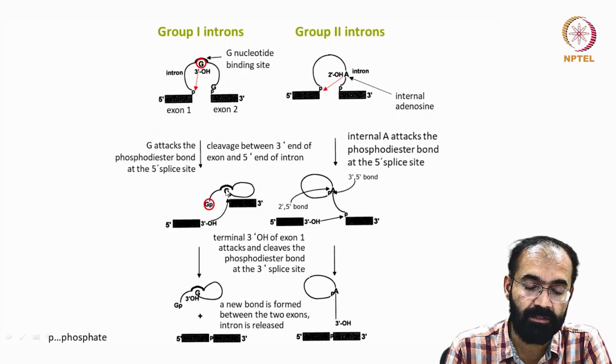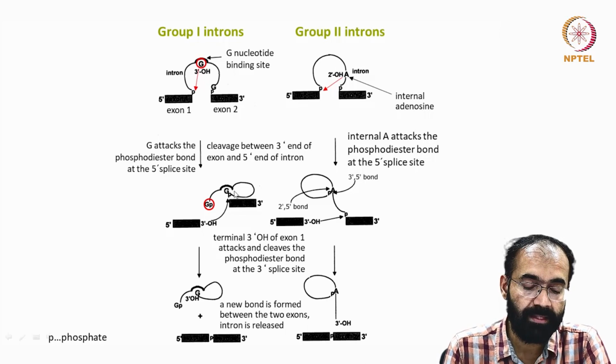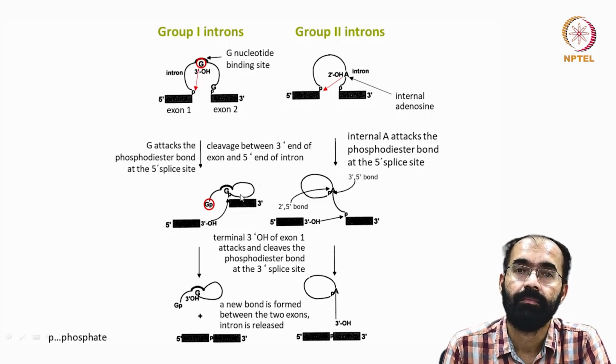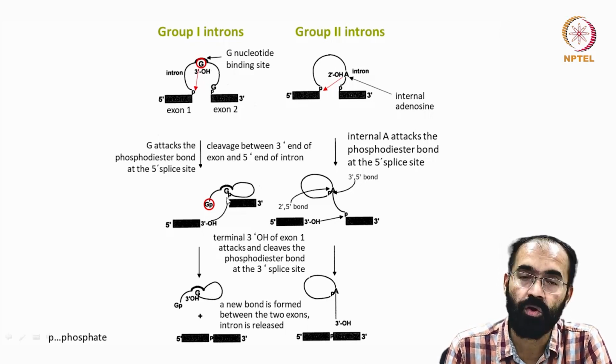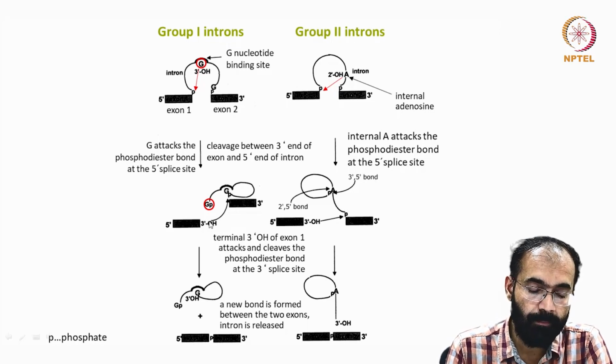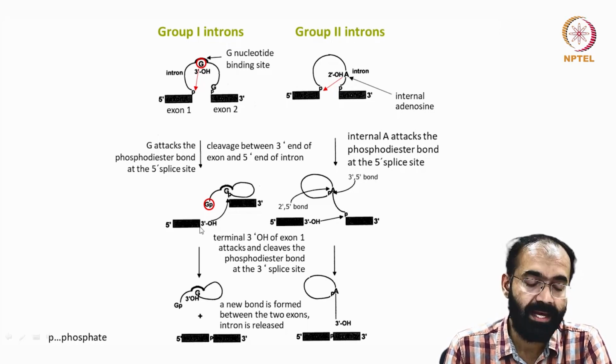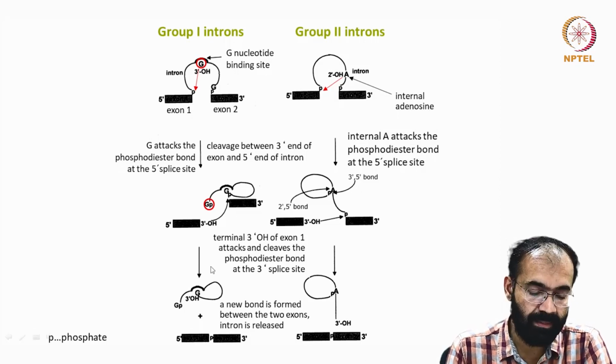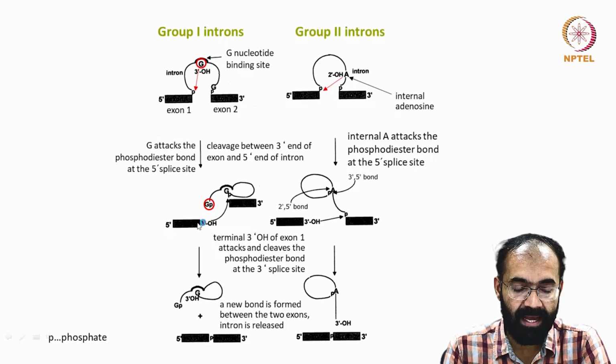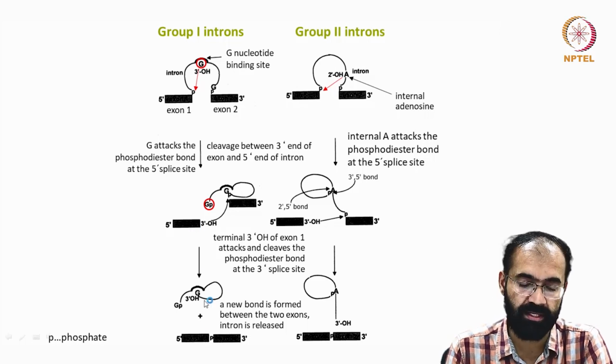The 5' end was released because of the nucleophilic attack from the recruited G, and the second end of the intron is released because of the 3' OH from exon 1. As a result the intron is released completely and you have exon 1 and exon 2 fused together.